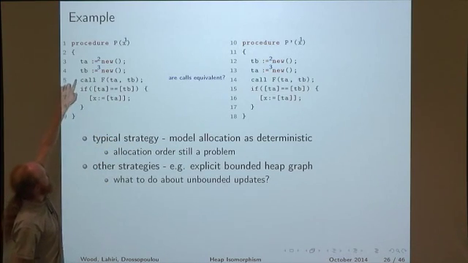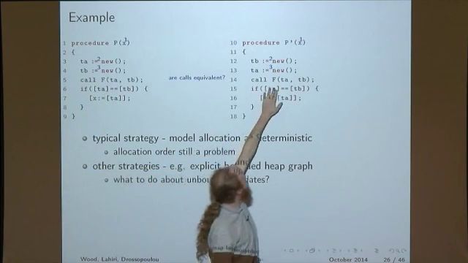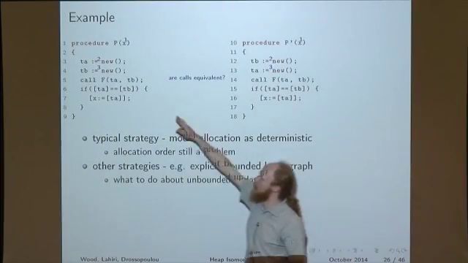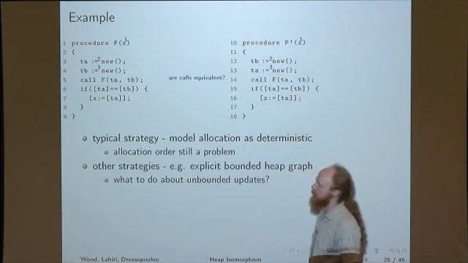But because these allocation orders have changed, we're going to call F here with 2 and 3, and F here with 3 and 2. So again, it's difficult to modularly reason about this idea that we can then equate the initial states of the procedures. We can't make that assumption here because the initial states are not the same.